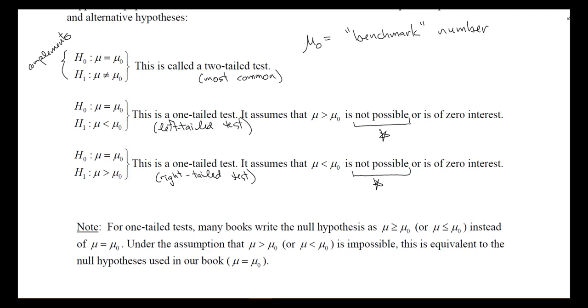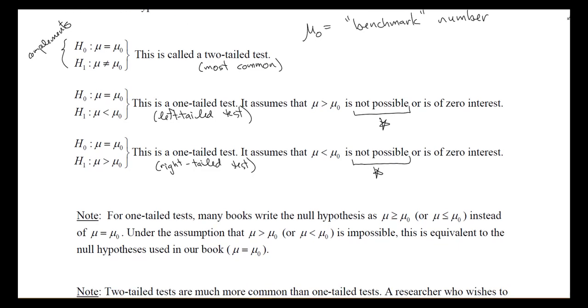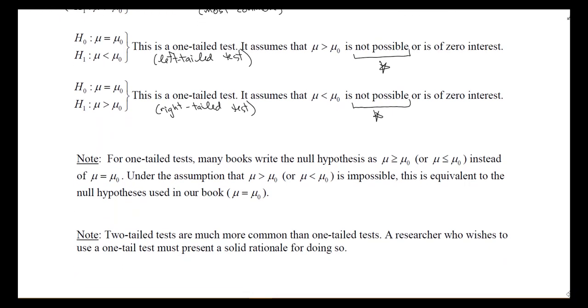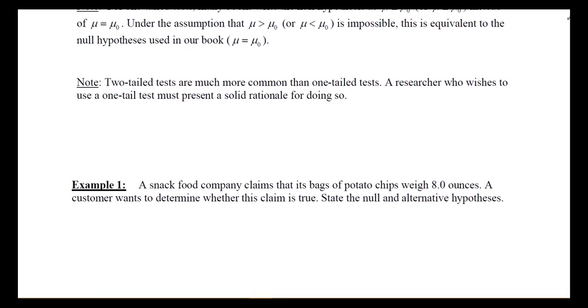And everything about how you do the test ends up being identical, so it really doesn't matter much. Okay, let's move on. So as I said, two-tailed tests are much more common, and if you want to use a one-tailed test, you have to have a rationale for doing so. Usually the rationale is generally that the other direction is not possible.